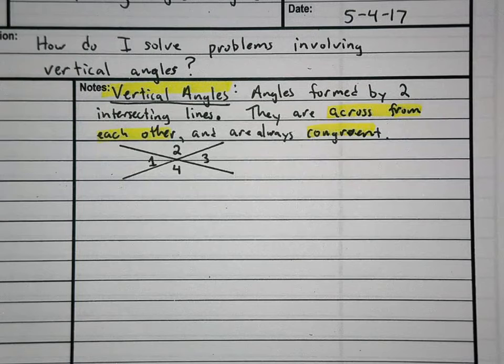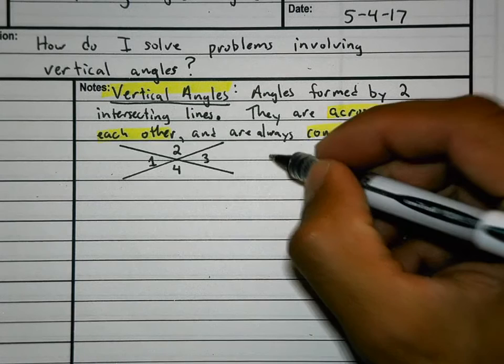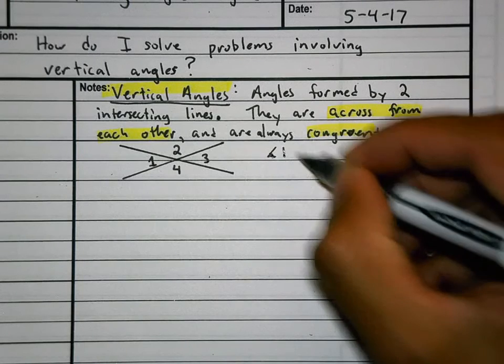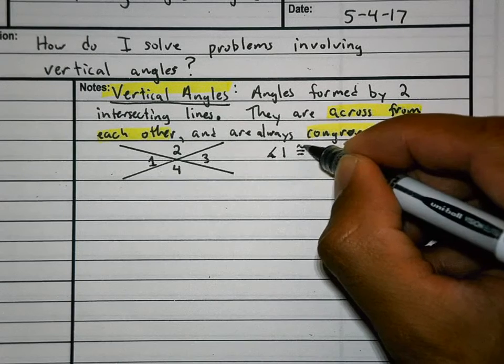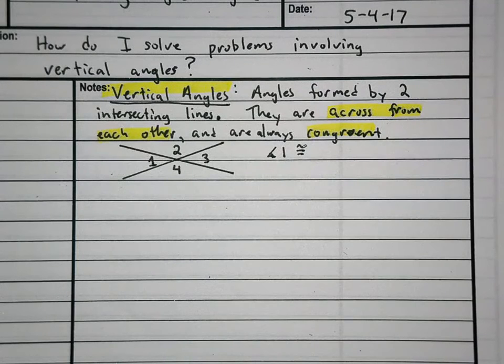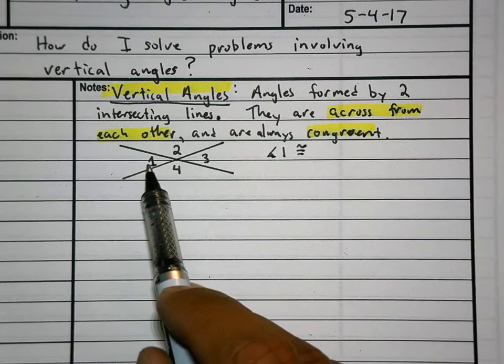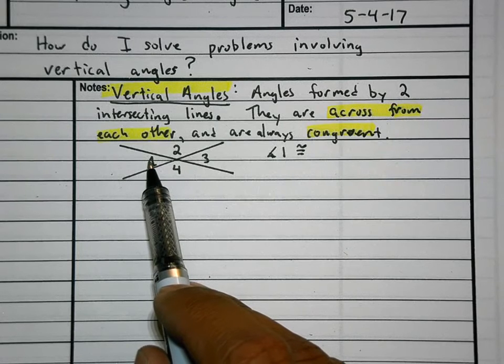Right now, there are two pairs of vertical angles. Angle 1 is a vertical angle with the one that is across from it, the one on the other side.